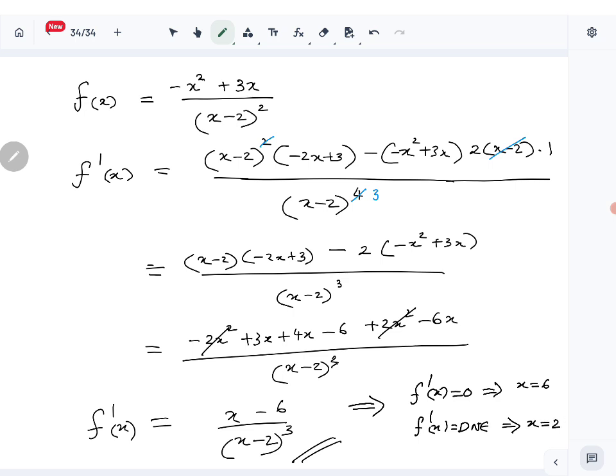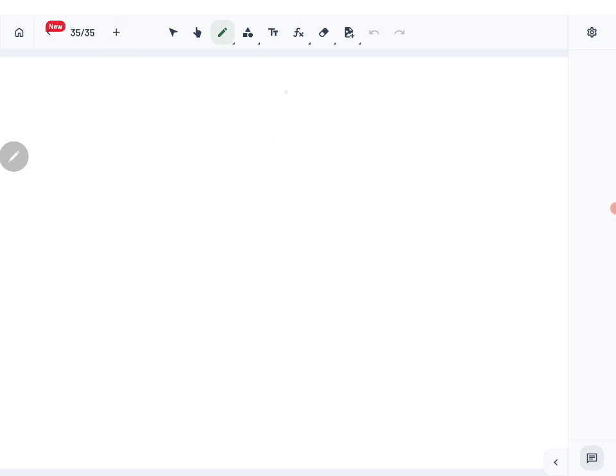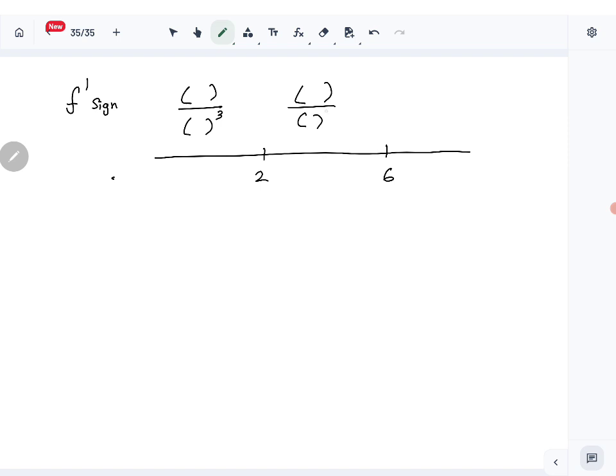So now we can break the number line, and in each interval we can see what happens to the function, whether it is increasing or decreasing, using the derivative sign. So I will use some test values. I will use 0 in the first interval.